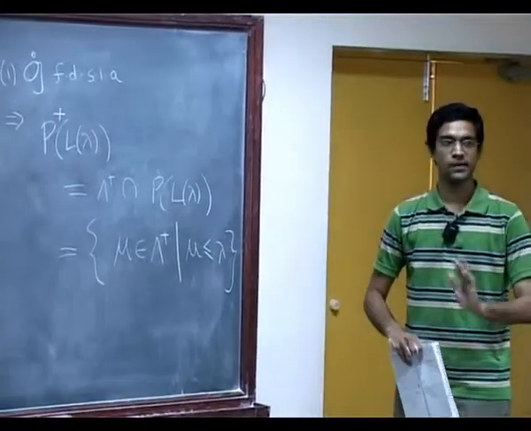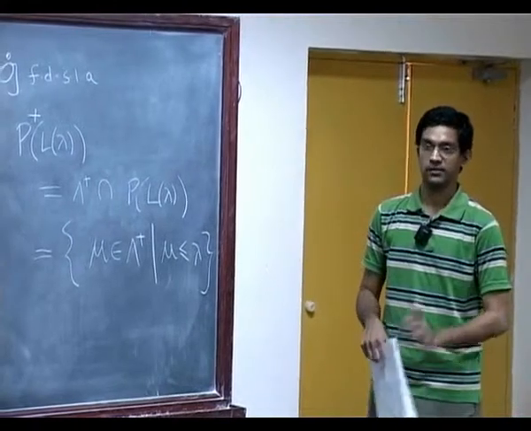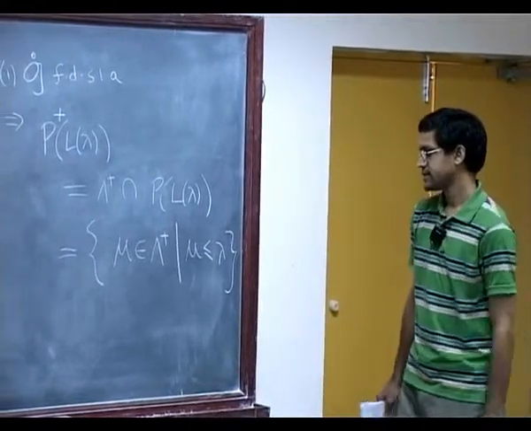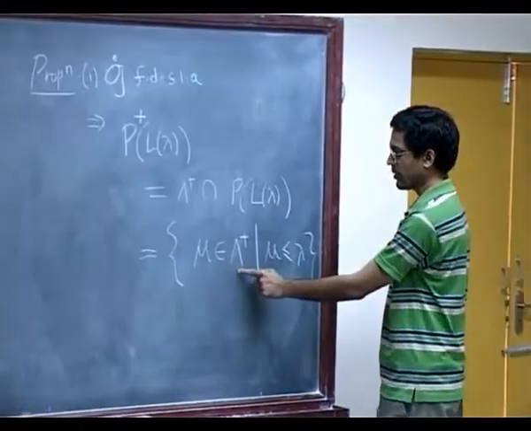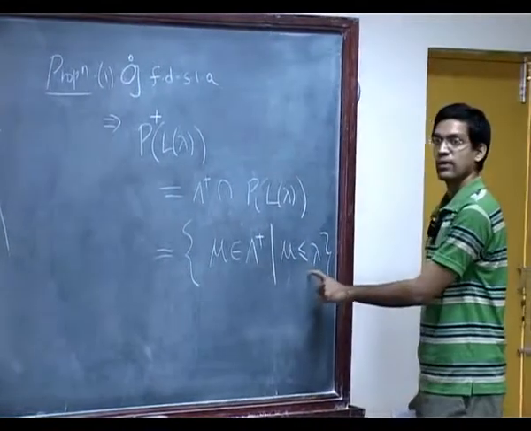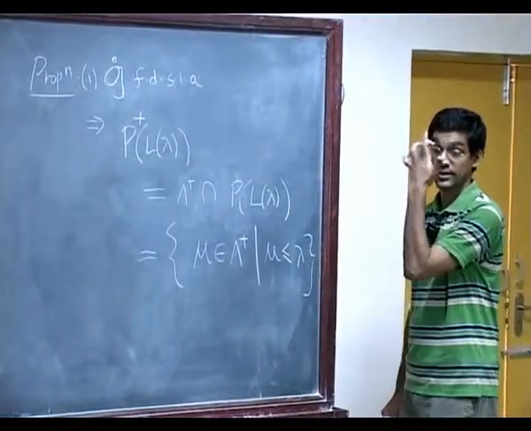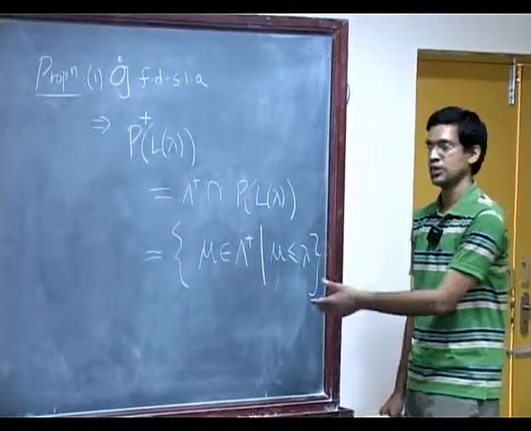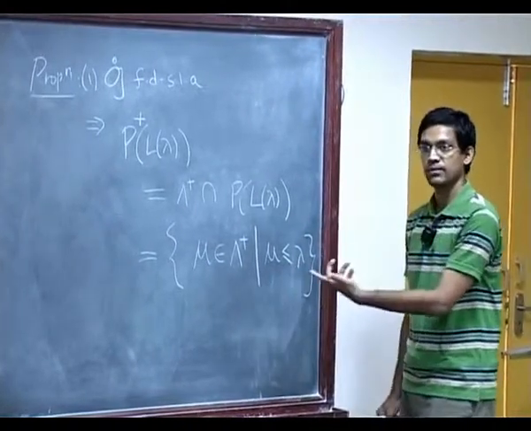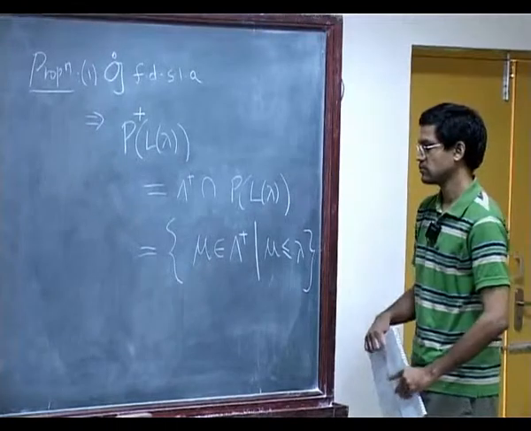That's just a very simple characterization of when something is a weight. It's all dominant elements which are less than or equal to lambda, where less than or equal to is with respect to the usual partial order. Their difference must be a non-negative combination of roots.